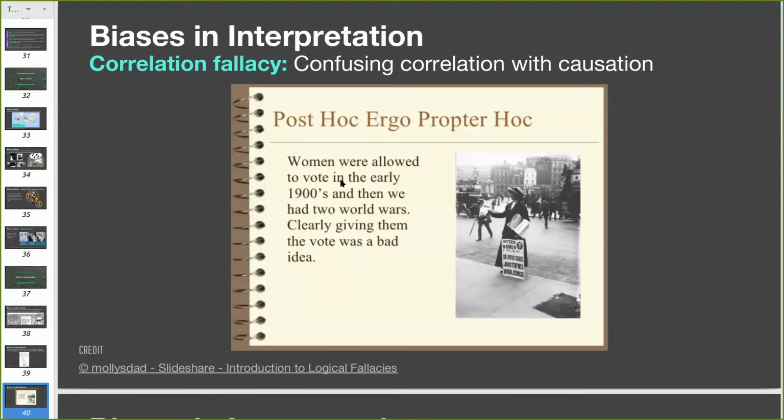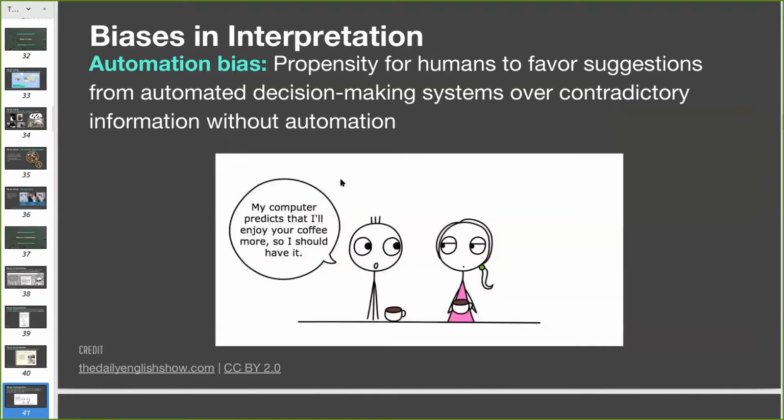There is no way that the first caused the second, but putting these two things together and saying that one has caused the other is not really correct. So that's what correlation fallacy is about. That's another kind of bias.